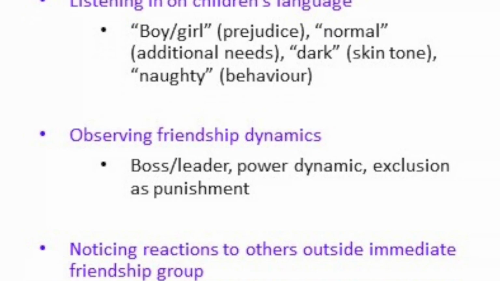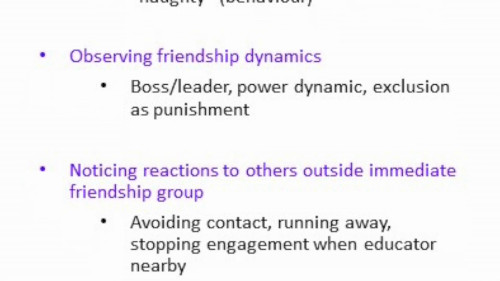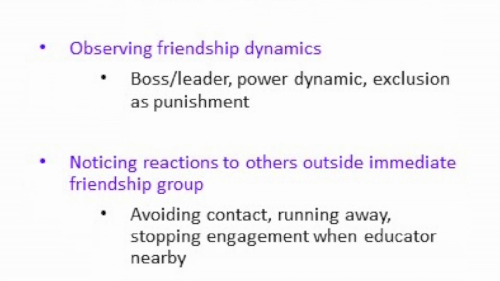We also observed the friendship dynamics, noticing that there was often a boss or a leader within the friendship groups, and they were often seen excluding children as a form of punishment when things didn't go their way.